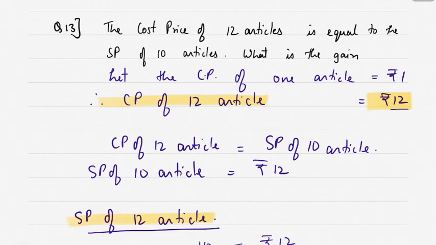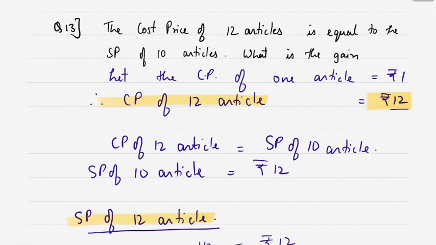The cost price of 12 articles is equal to selling price of 10 articles. So whenever cost price of some number of articles is equal to selling price of some number of articles, let the cost price of one article be rupees 1. When you assume like this, your calculation becomes very easy.